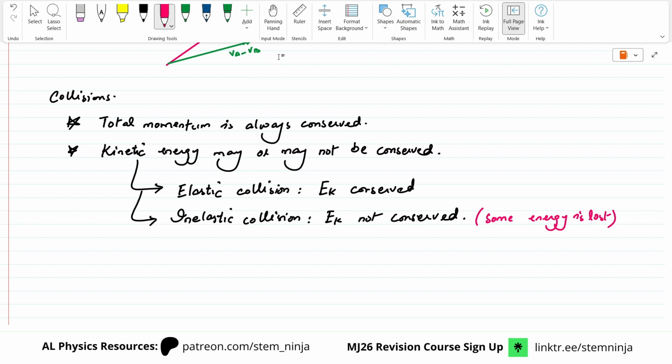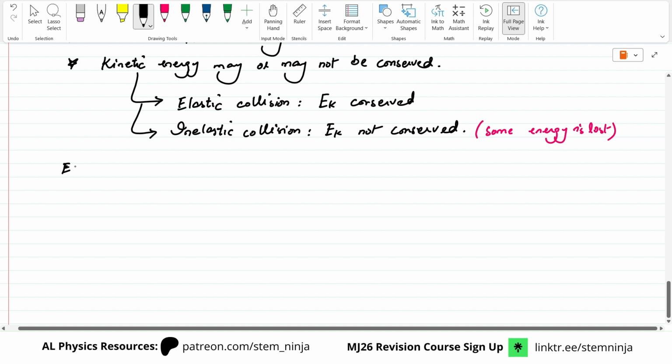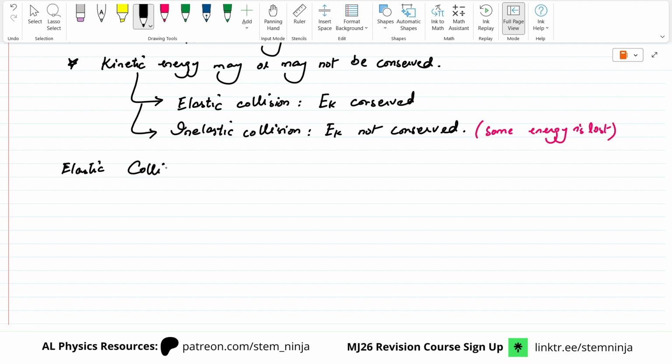So mathematically what this will look like, in the case of elastic collisions, total momentum is conserved. So you will have m1 u1 plus m2 u2 equals m1 v1 plus m2 v2.